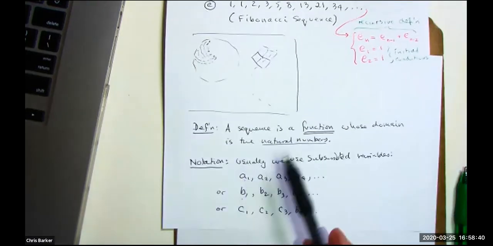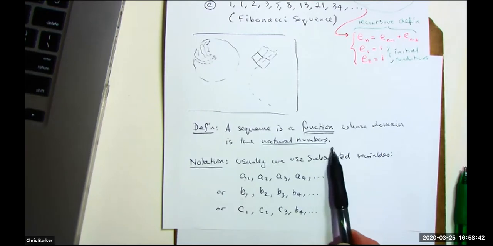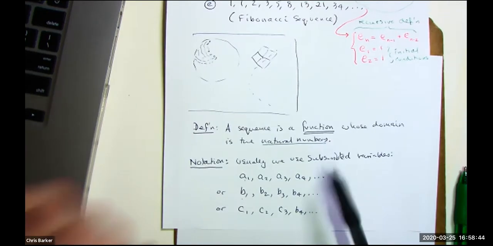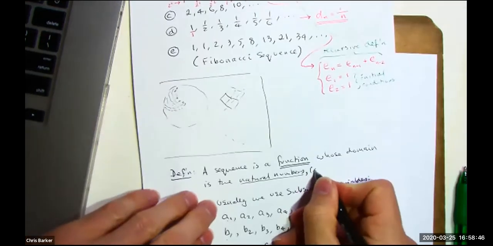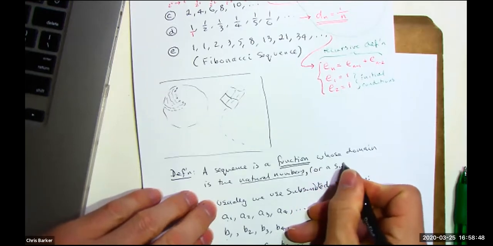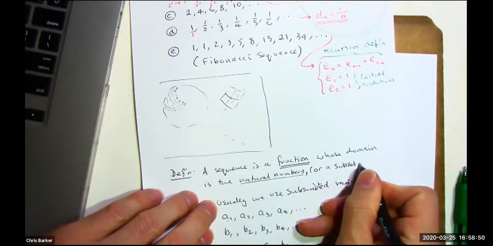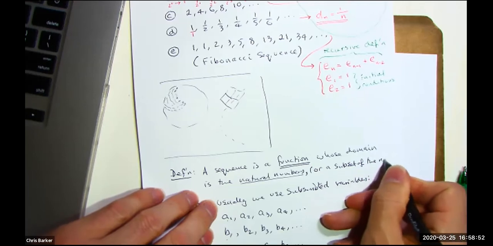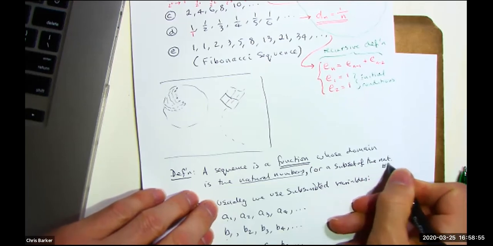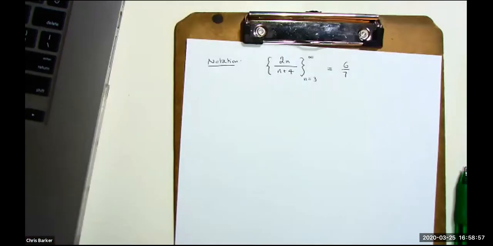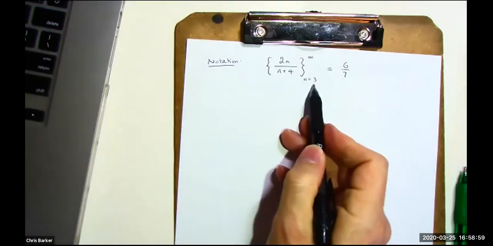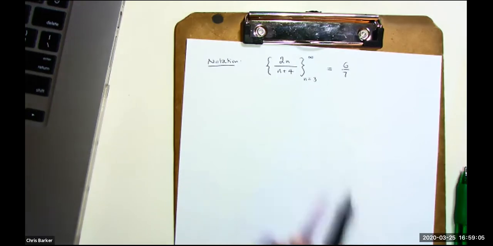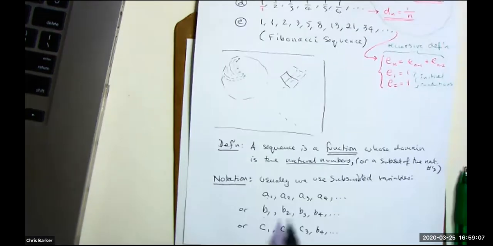Okay, so we're disobeying what we said back here. We said a sequence is a function whose domain is the natural numbers. That really needs slight modification, or a subset of the natural numbers, because we didn't use all the natural numbers here. We didn't start till we got to 3. Does that make sense? Okay, so normally this definition back here is what we'll use.